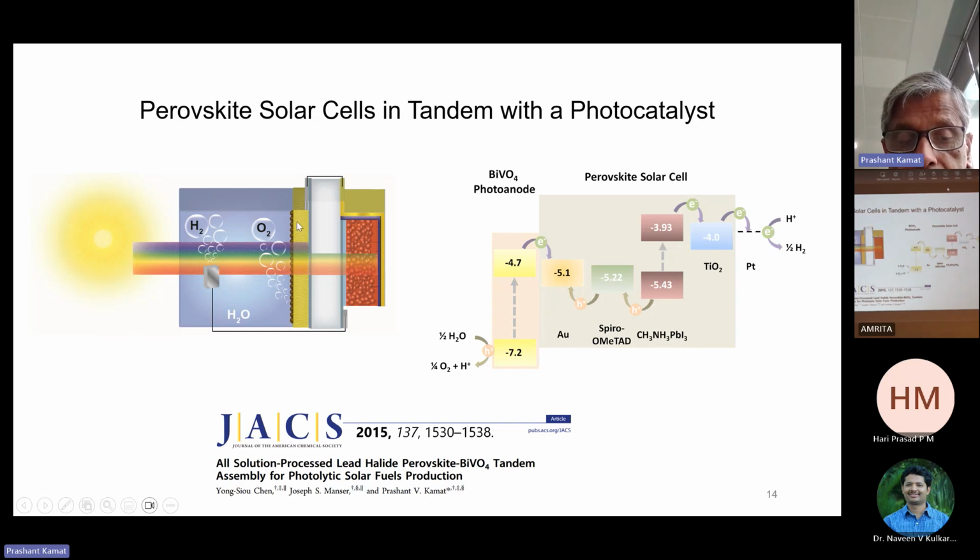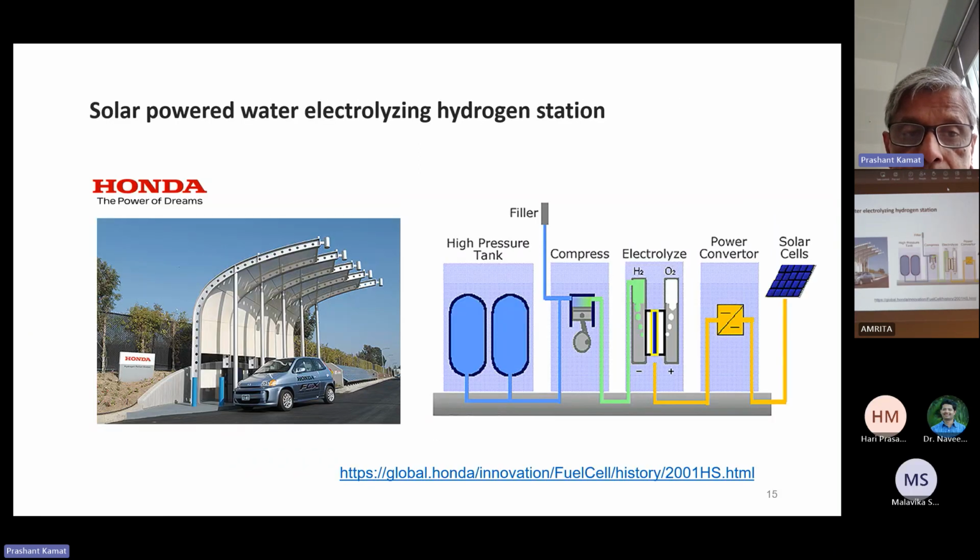When you shine the light, the high energy photons are absorbed by bismuth vanadate, and the low energy photons are transmitted and absorbed by perovskite, and that gives you bias, and you can generate oxygen and hydrogen using this electrolysis. This is just one of the concepts we showed earlier to do with water electrolysis.